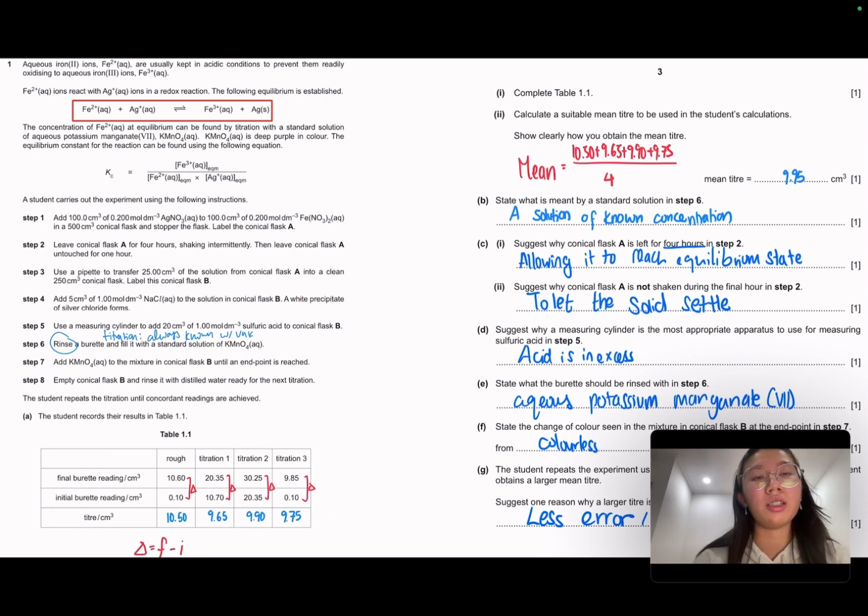A student carries out the experiment using the following instructions. You add 100 cm3 of 0.2 mole of AgNO3 to 100 cm3 of 0.2 mole of Fe(NO3)2. I'll just refer to the concentration as mole because it's easier for me to say.